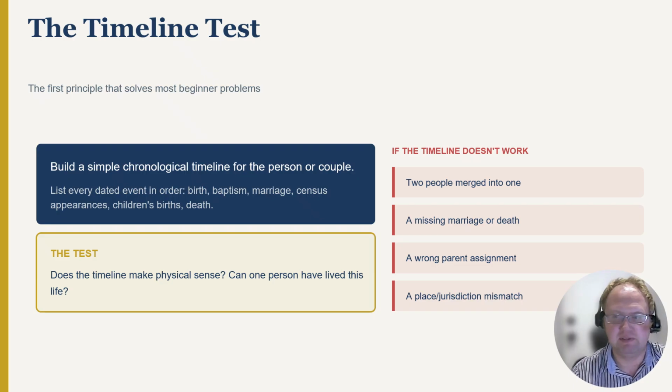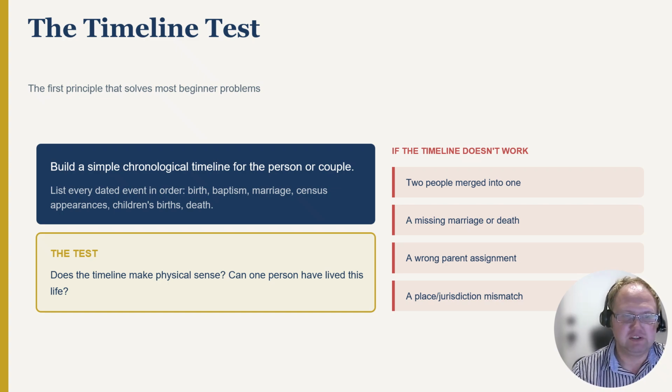Now you have to examine: does this make sense? Can one human being have lived this life reasonably? Although there are some cases where people do live double lives. That's most people. Anyways, if this timeline doesn't work, you've likely made one of four errors. Again, there are exceptions to almost everything, like math or grammar or spelling.